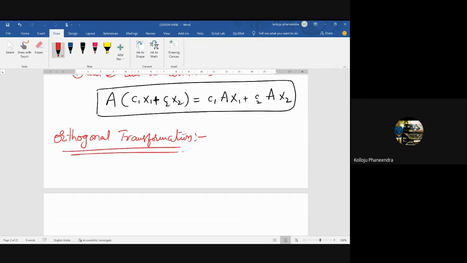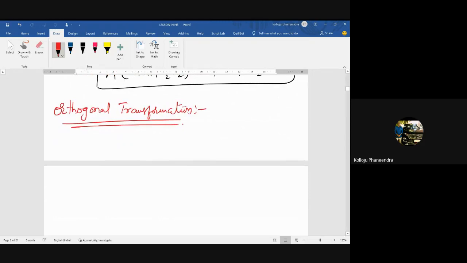What is the definition of orthogonal transformation?